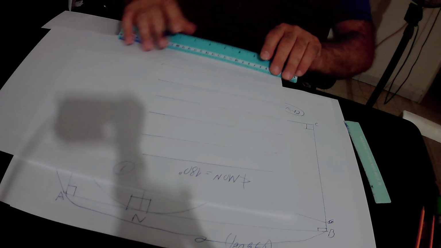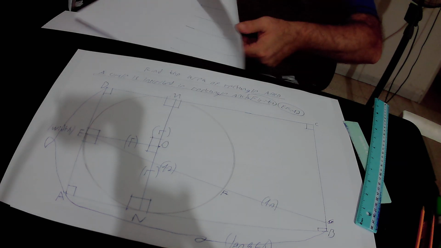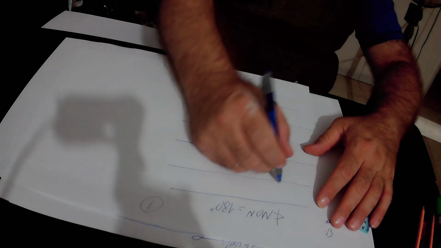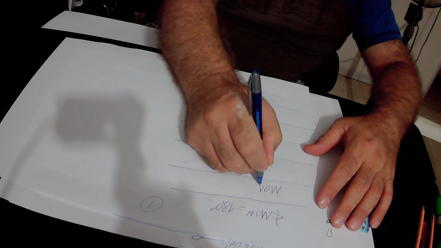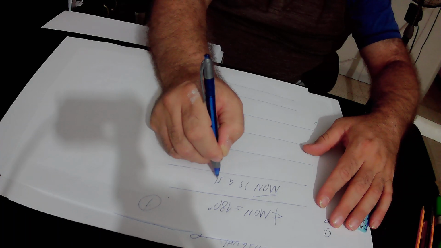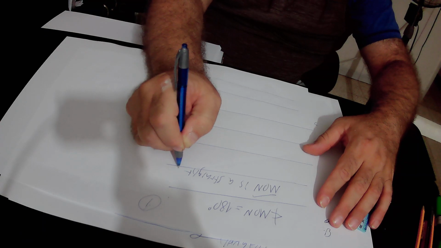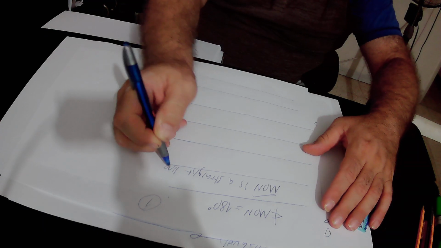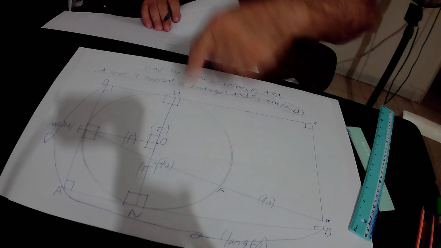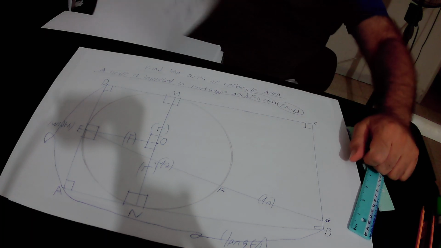Therefore, line segment MON is a straight line. And if line segment MON is a straight line, then line segment MN is also a straight line.